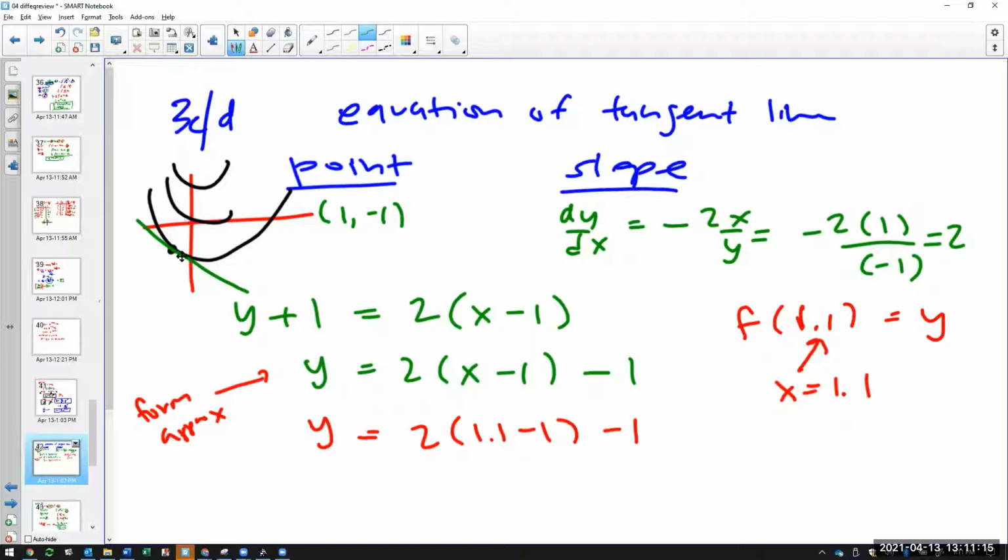But if the second derivative is positive, the approximation is going to be lower. If the second derivative is negative, then the approximation will be higher than the real value.